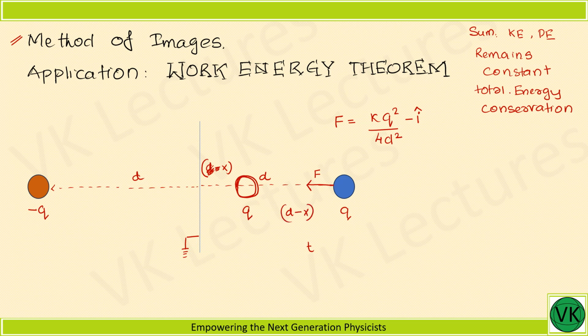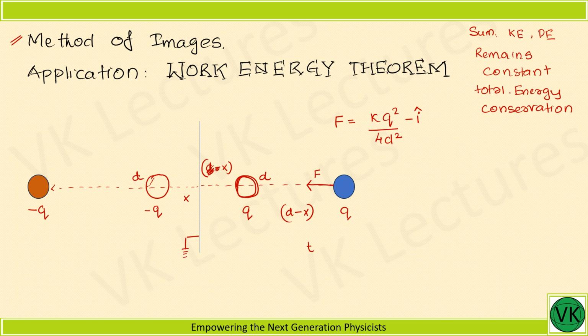Similarly, when the charge q is at a distance x, the imaginary charge, which is minus q, will be produced again at a distance x. So as the charge q moves from d to x, the image charge minus q also moves from d to x.